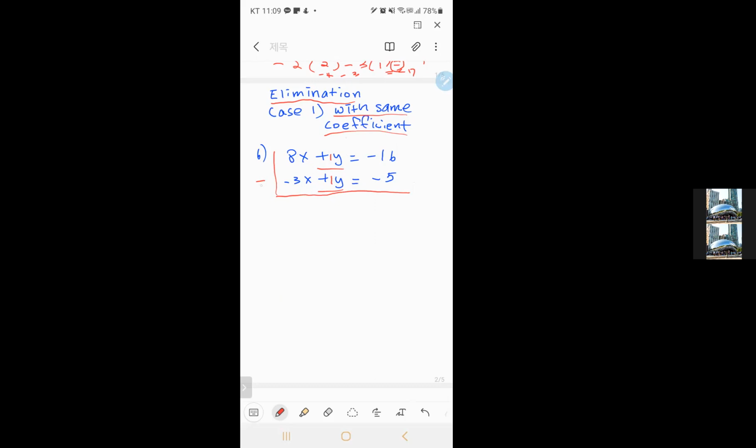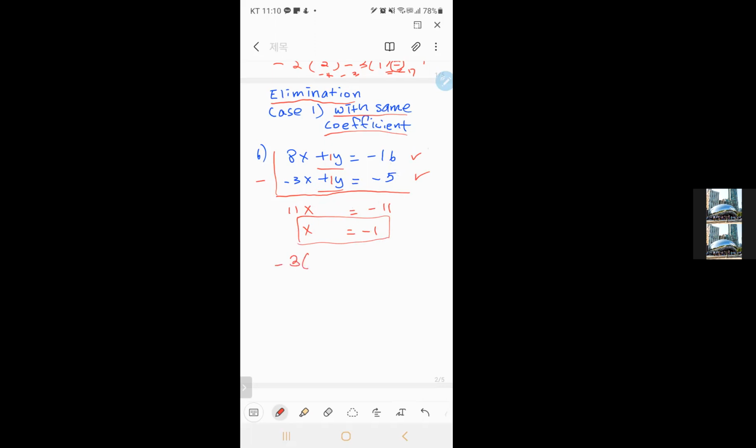So 8x minus, be careful of the sign, minus 3x is equal to 11x. Minus 16 minus 5 is actually minus 16 plus 5. So negative 11, my x is negative 1. Now I'm going to plug negative 1 into the second equation because the number is smaller, it looks easier, but the first equation is also fine.